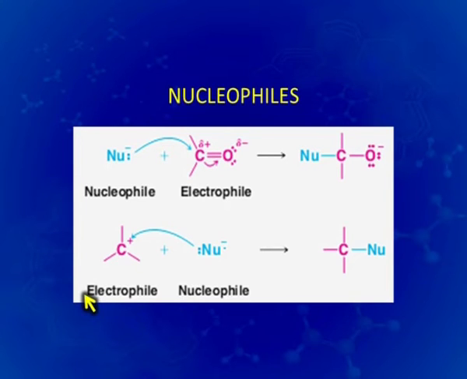Similarly, if we have an electrophile, not necessarily a carbonyl compound, which has a positive center and an oxygen which is electronegative enough to make it electropositive, but otherwise if we have a positive carbon center, then also the nucleophile will attack the carbon and form the bond.